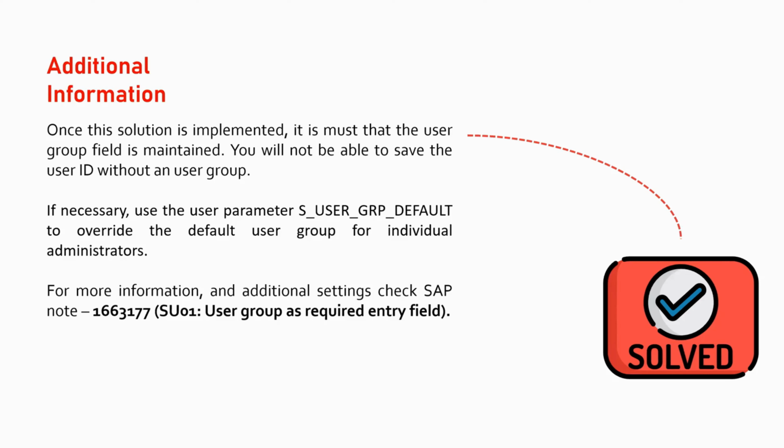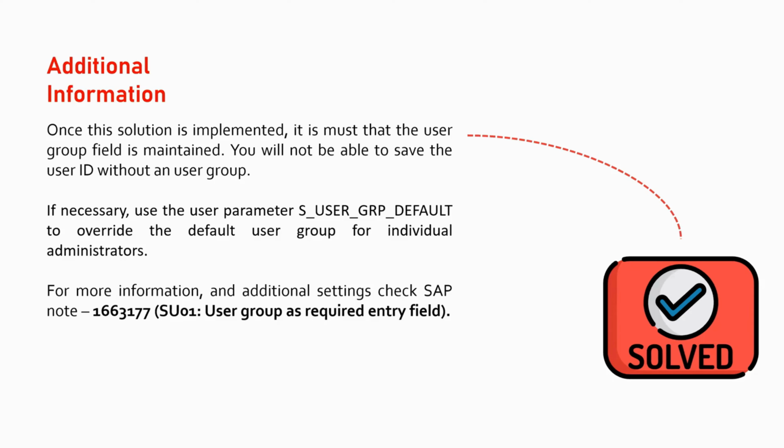Once this solution is implemented, whenever you create user IDs, whichever user group was mentioned in the parameter will be automatically picked up by the system, and the user will be assigned by default to that user group. But you can still, at any point of time, change the user group and assign the user to any specific user group.